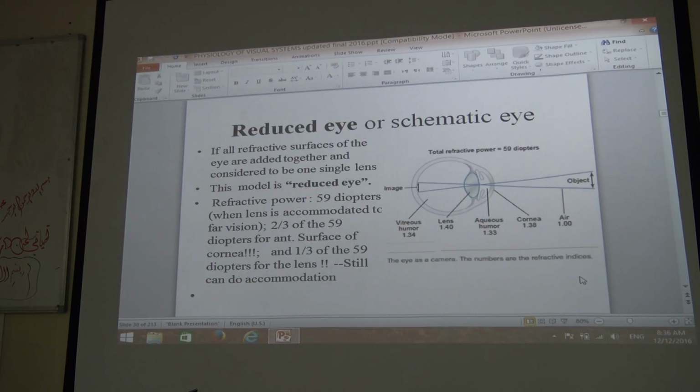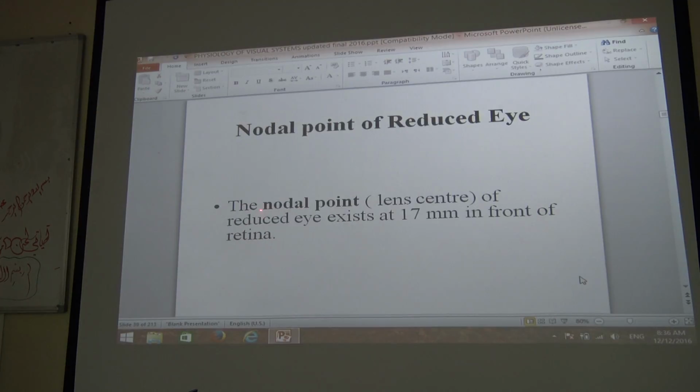And this reduced eye has what's called a nodal point. The nodal point is the center of this reduced lens. يعني نجمع كل الاوبتيكال سيستم as one lens. النودال بوينت بتاعتها اللي هي السنتر of this lens is 17 ملم in front of retina.